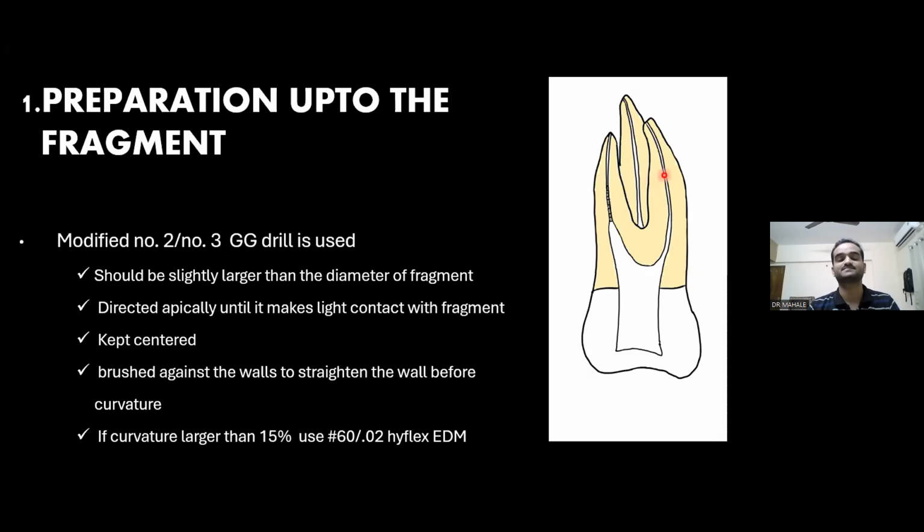The cross section of this modified GG drill should always be centered, and it should be larger than the diameter of the file fragment. This GG drill is kept centered, and it should be directed apically till it touches the file head very slightly.